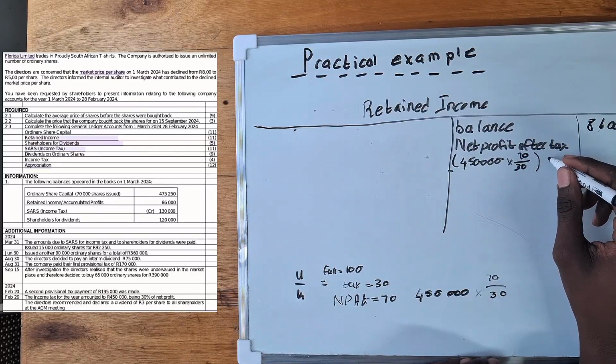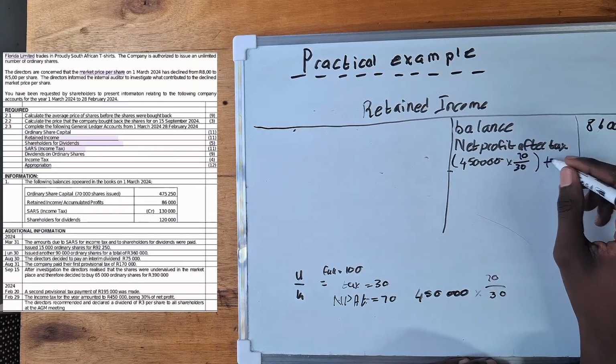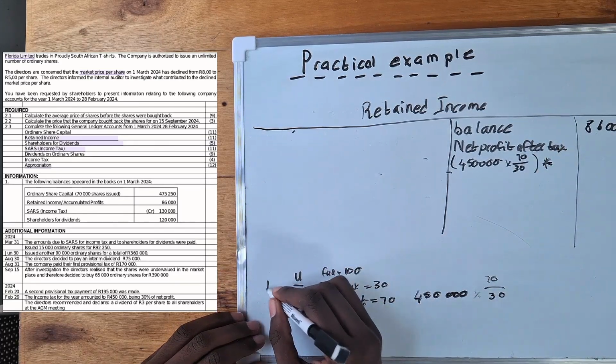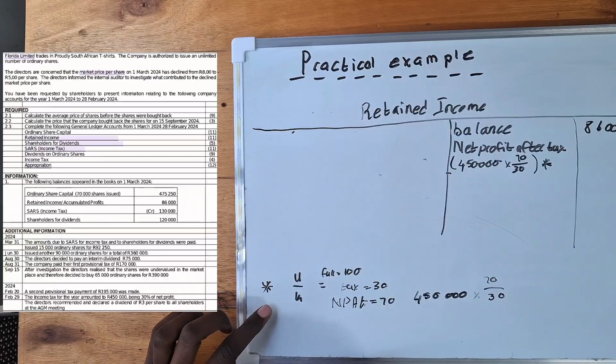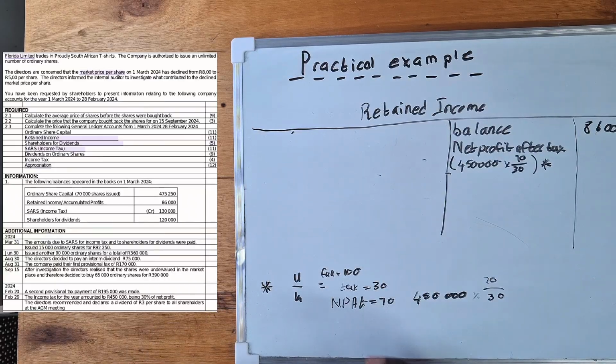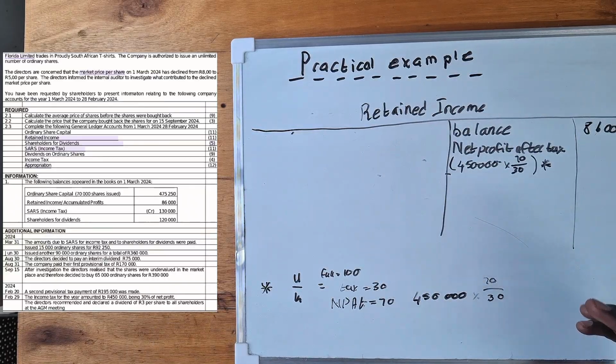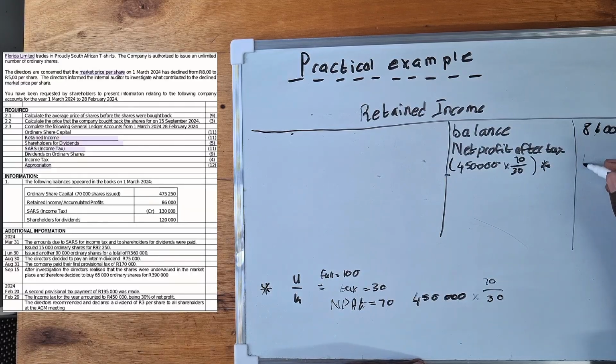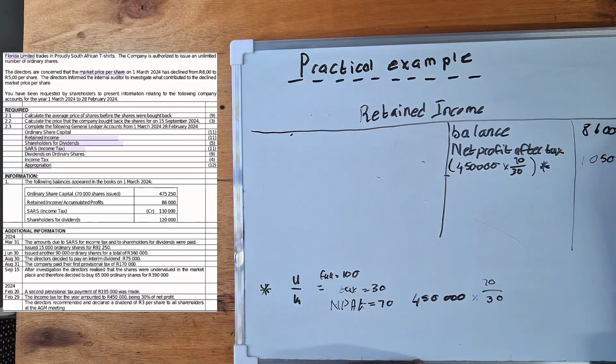So what you could do is put a star like this, then wherever you wrote your information on the paper, you put the star like this. That way, even a marker will know exactly what you're trying to say. And then this should give us 1,050,000.